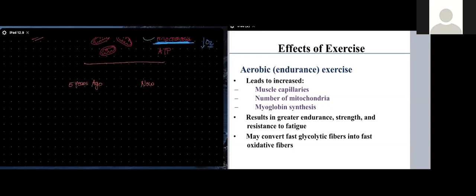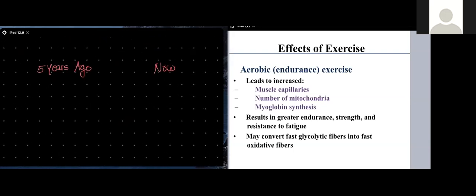After you have been running marathons on a regular basis for the last 5 years, your muscles will have better endurance. What I mean by better endurance is they are less fatigable.